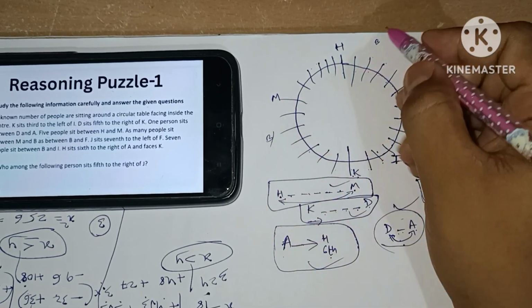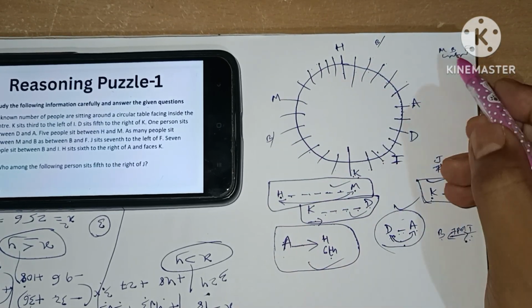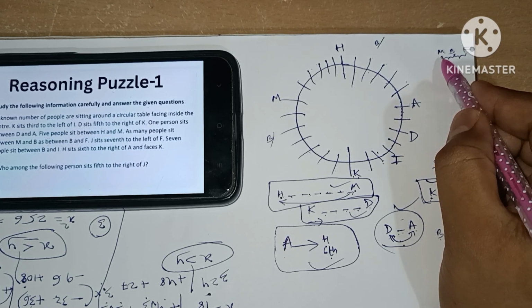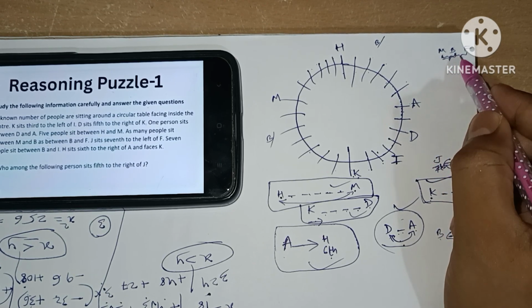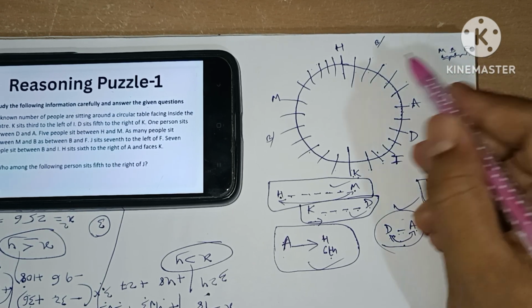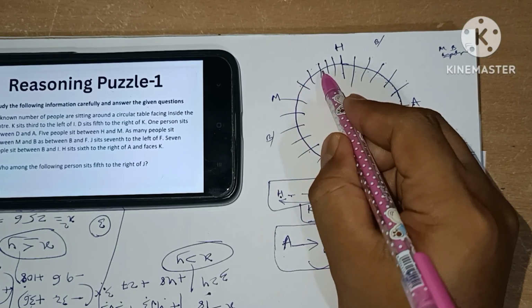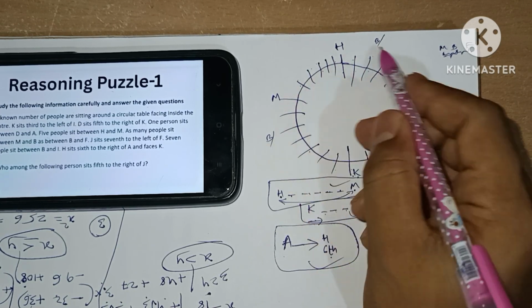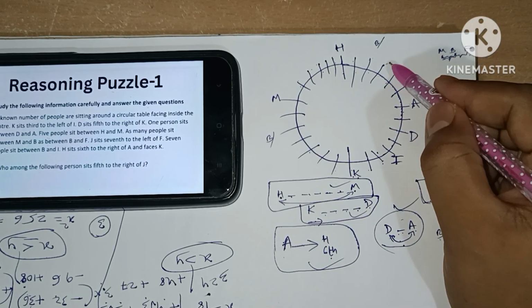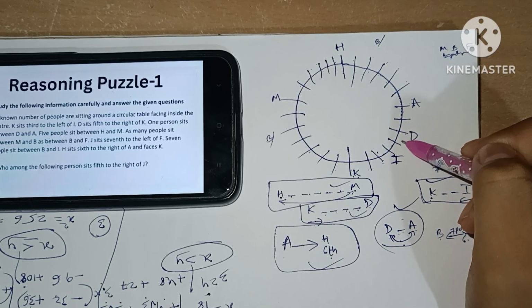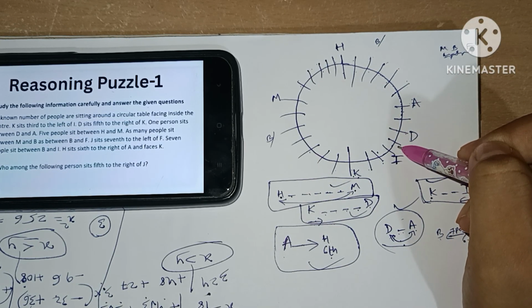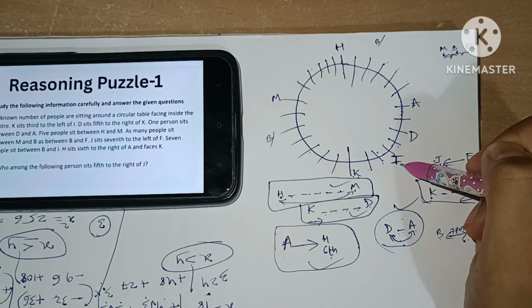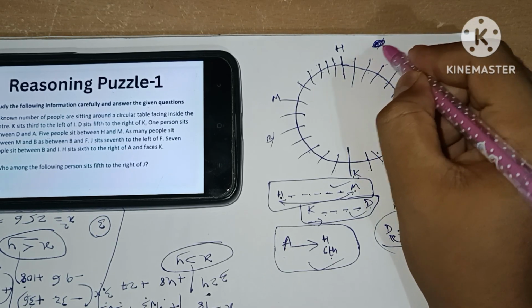So we got two possibilities for B, and we said that as many people between M and B as between B and F. So here 1, 2, 3, 4, 5, 6, 7. 7 between M and B. Between B and F, there is no place for F. So this case of B fails.